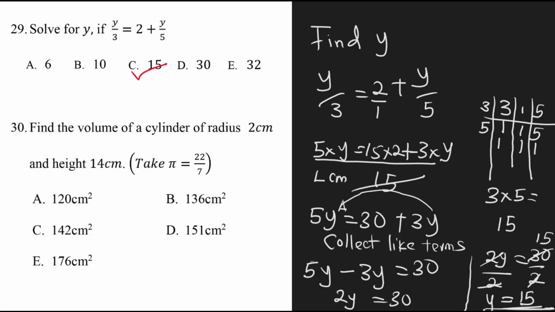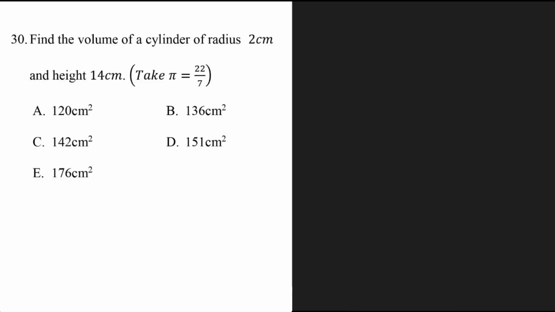Let's move to the next question. Alright, question 30 says, find the volume of a cylinder of radius 2 centimeters and a height of 14 centimeters. So what is the formula for calculating the volume of a cylinder?